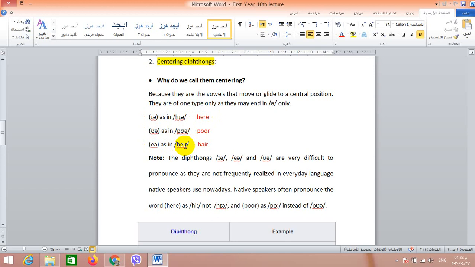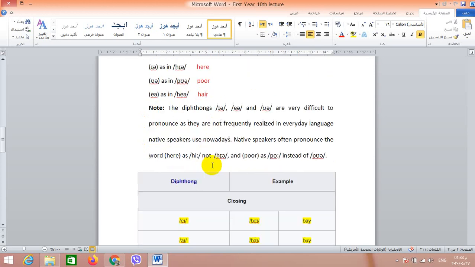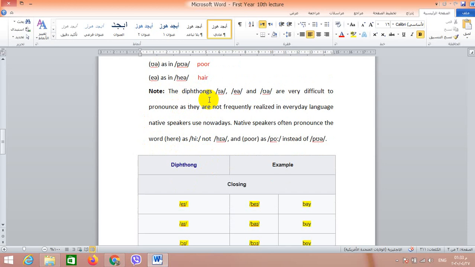Now, there is an important note here to be mentioned. The diphthongs ia, aya, and ua are very difficult to pronounce. Why? Because they are not frequently realized in everyday language native speakers use nowadays.